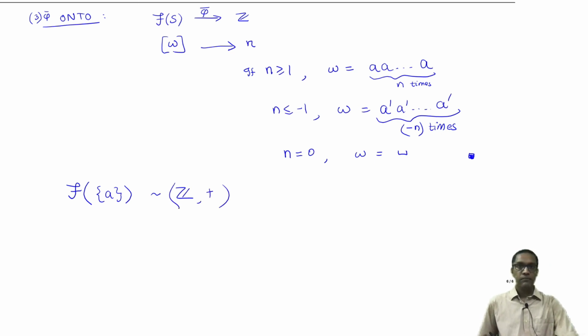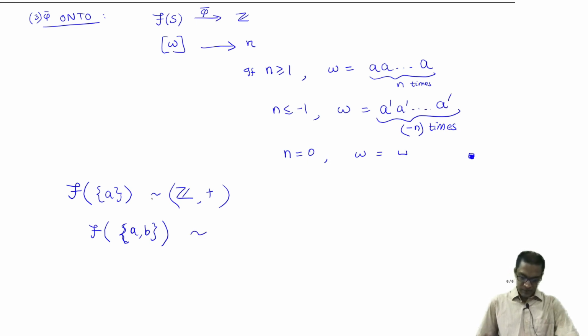But as soon as the set S has 2 or more generators, this becomes a vastly more complicated group. If I take the free group on 2 generators A and B, then this is a much more complicated group than the group of integers, for example. In particular, it's not the group Z2, for example.